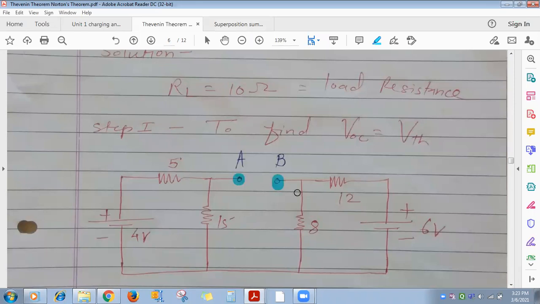Mark these two terminals; any variable you can use, X, Y, or Z. I've used A and B. Once you draw the circuit, please tell me. I will go next.